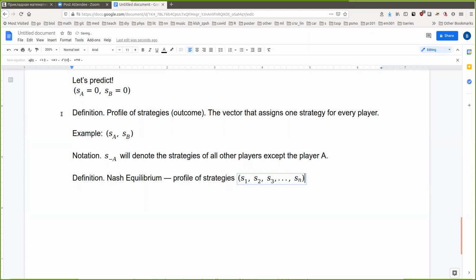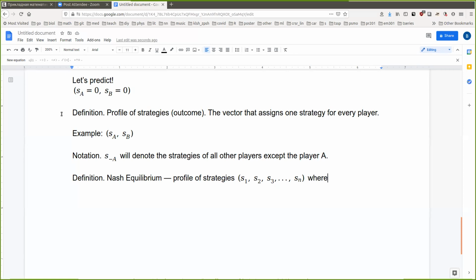So it's a profile of strategies where none of the players can do better by choosing his or her strategy alone, where no one can do better by deviating, by changing his strategy separately.